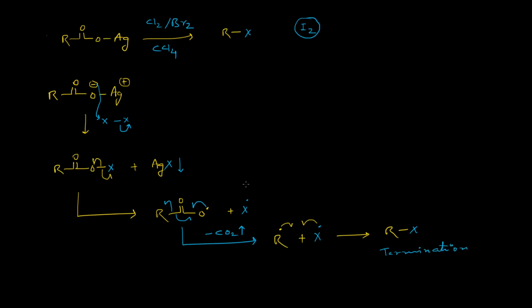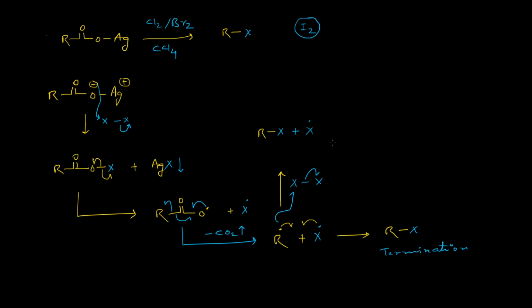and the propagation step will be the reaction of this R dot with another molecule of halogen. So it will eventually attack another molecule of halogen, thereby releasing another halogen radical. And in this process, one molecule of alkyl halide will form along with the formation of another halogen radical, and this will react with the R dot, which will form in the initial step of this reaction.